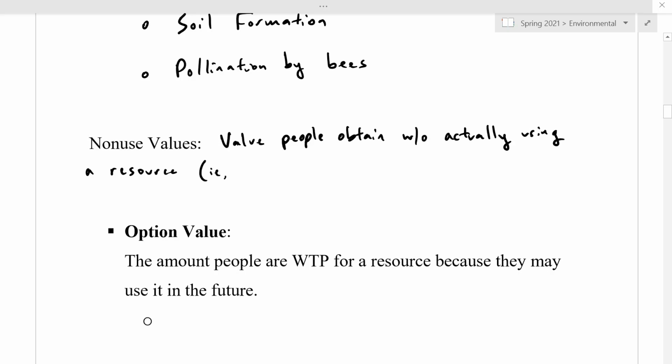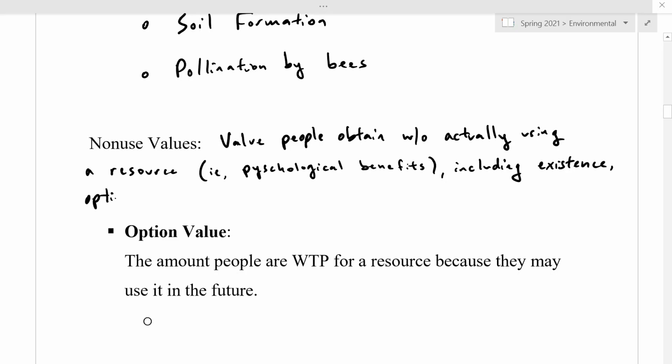So essentially, we could almost think of this as psychological benefits, including existence, option, and bequest values. Non-use values: values people obtain without actually using a resource, including existence value, option value, and bequest value.